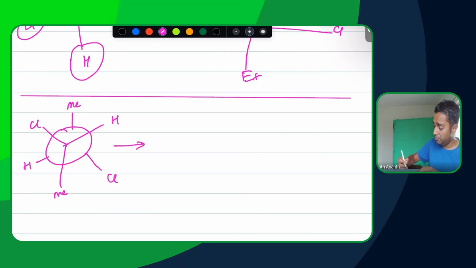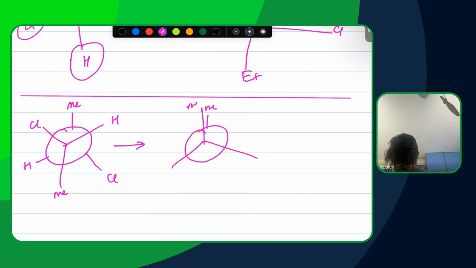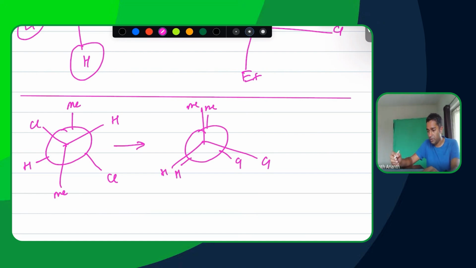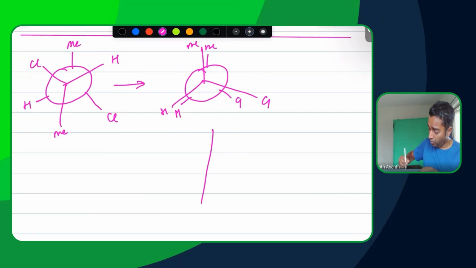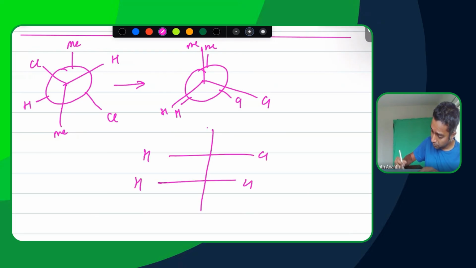That means it's going to be the same as this. Perfectly eclipsed, something like this. Now drawing your Sawhorse or Fischer is much easier. If I'm drawing the Fischer, it's going to be this.